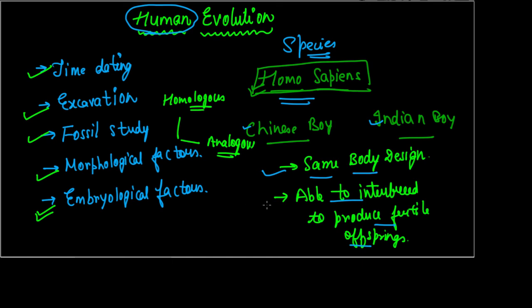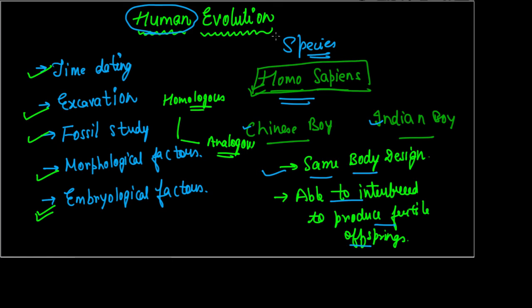And if you take a Chinese girl and an Indian boy, or any girl and boy across the world, and they try to reproduce, they will be able to produce fertile offspring, and hence they are able to breed and perpetuate because they are similar enough to do so.